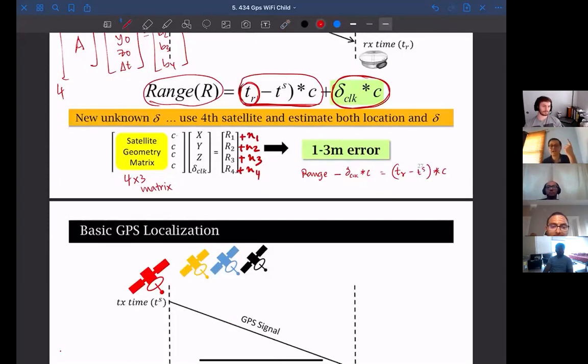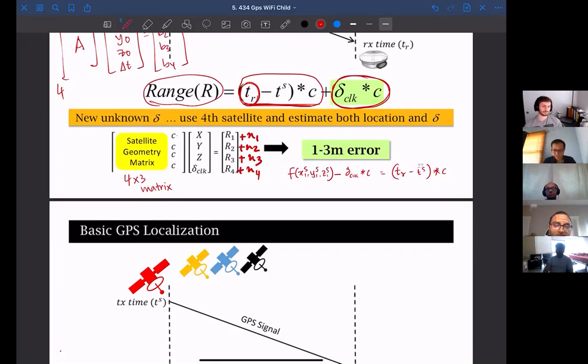This is for one satellite. Now this range, I can write as f of x1s, y1s, z1s. Make sense? I get the satellite geometry. I just don't understand how you're adding in the C and the clock. I'm not getting that math.